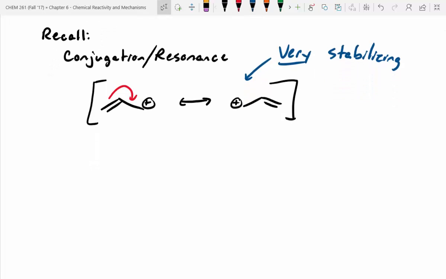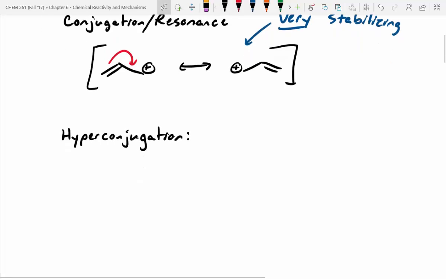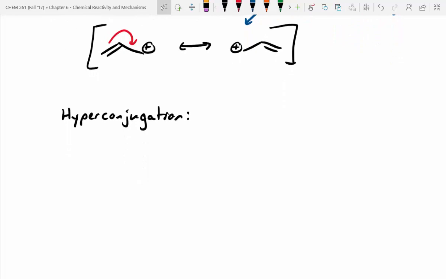Hyperconjugation is related to this, but you don't have full resonance delocalization. So let's take a look at what hyperconjugation is. I'm going to draw out an example molecule. And this carbon, I'm just going to assume has some R groups attached to it. And the carbon has a positive charge.